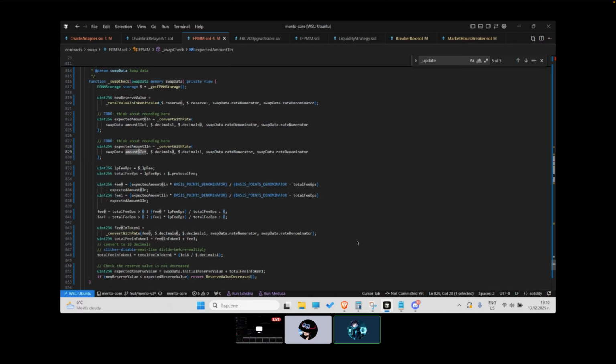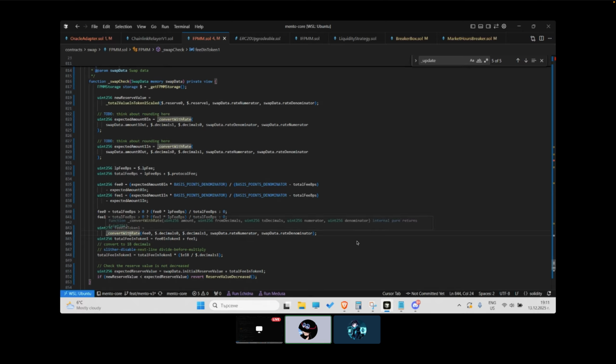They have the fees, total fees, protocol fee, okay, and then they take the fee basis point, total fee minus expected. So they take the fee on the amount in. I think that's standard, if I'm not mistaken.